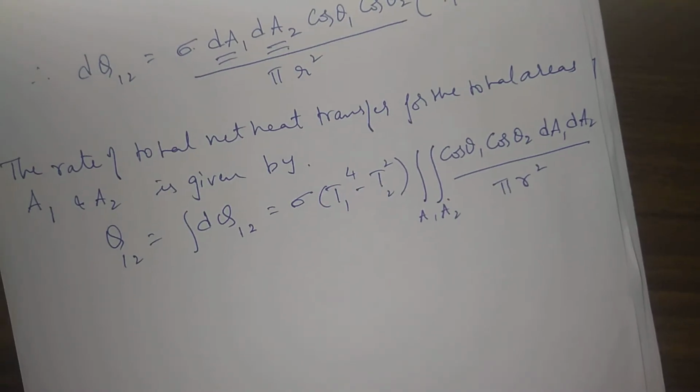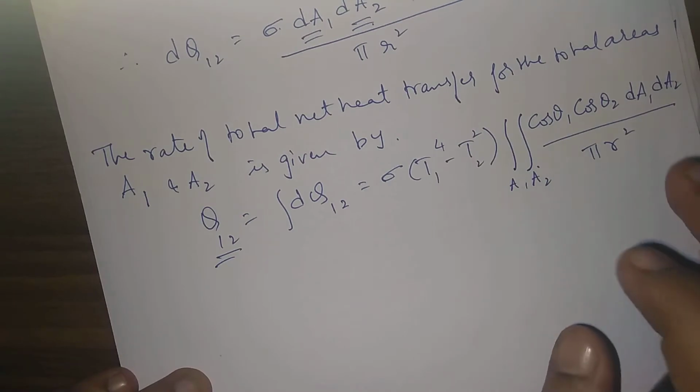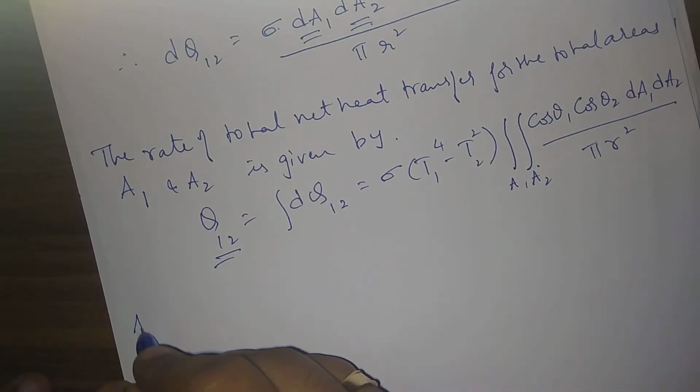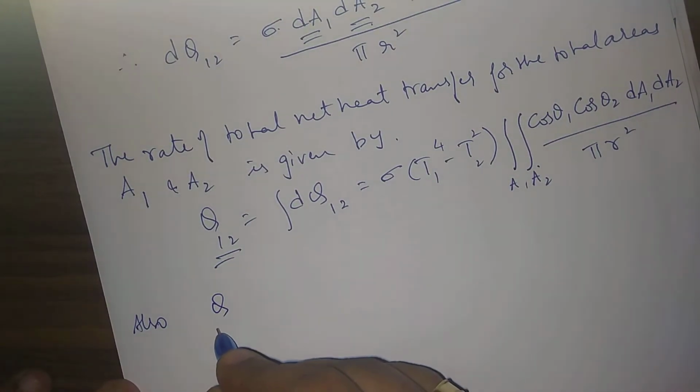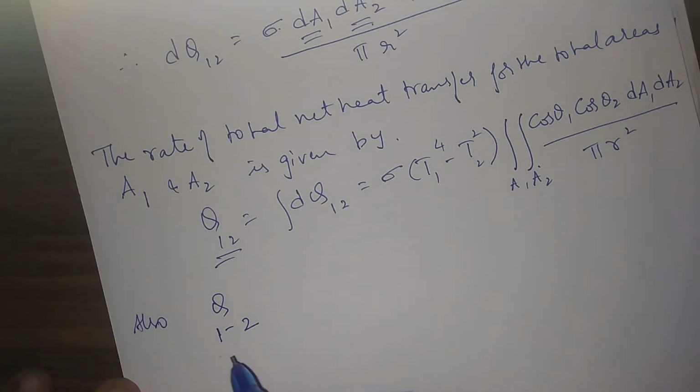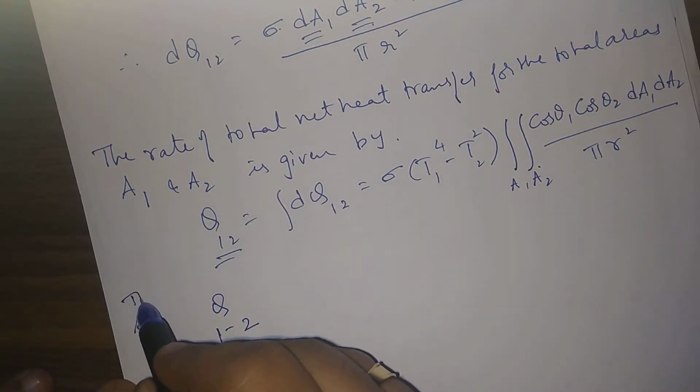Now we know that Q1 to 2 comes out to be this, but also if I want to write it for Q12, the rate of radiant energy emitted by A1 that falls on A2, I'll write it here.